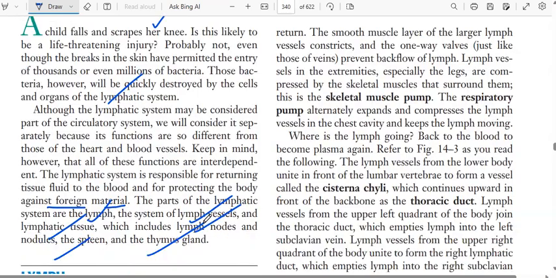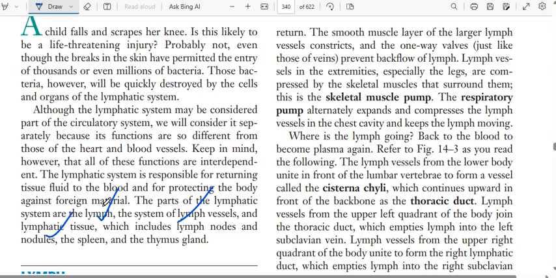In that we have lymph. First is lymph. What is lymph? Everything we will discuss. Like in the circulatory system we have blood, here we have lymph, and we have lymphatic vessels also. The vascular system is there, and lymphatic tissue is there.